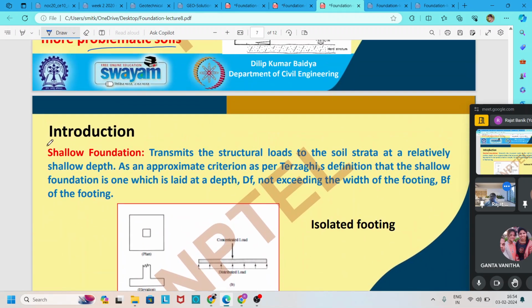So now we discuss the shallow foundation, and we try to develop some equation by which we can find out the bearing capacity for the shallow foundation. The shallow foundation transmits the structural load to the soil strata at a relatively shallow depth.